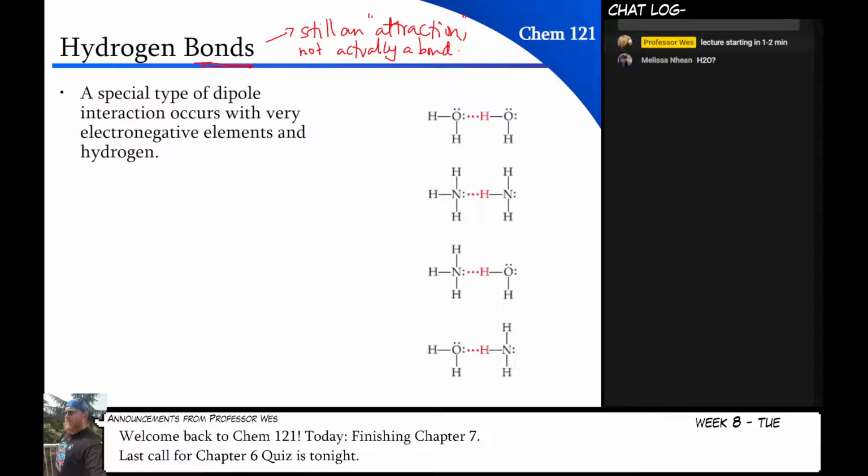Hydrogen is very, very small. One proton, one electron can't make it that big, right? That allows us to put the positive part of the molecule, which is the hydrogen, real close to the negative part, which is whatever the other thing is on the molecule.